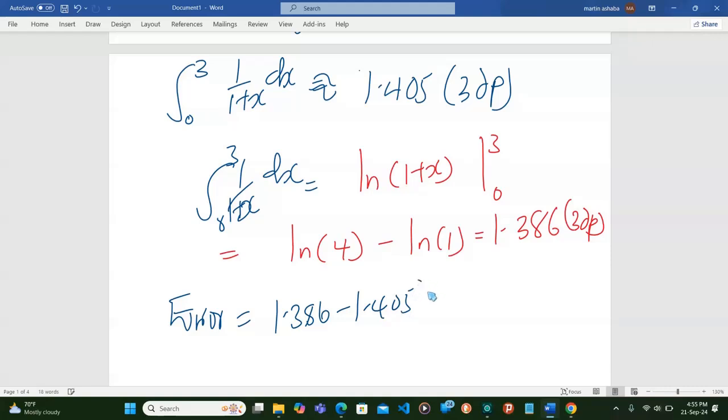If I wanted the percentage error, I will divide it by 1.386 times 100. So this will be 1.386 minus 1.405 divided by 1.386, times 100.